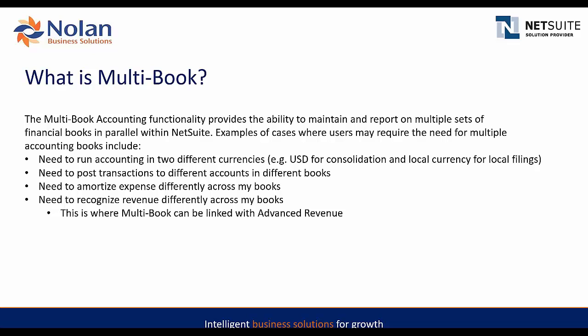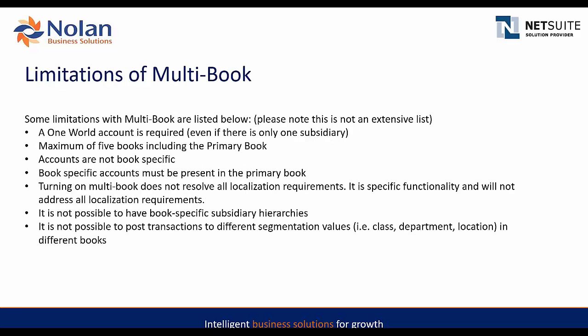You might want to post transactions to 2 different accounts in different books, or you might want to amortize expenses differently across the books, or to recognize revenue differently across books. And this is the one we'll see where it's actually linked with Advanced Revenue recognition. So all those 4 cases are examples where you might want to use Multibook, and we'll actually be coming on to looking at those cases in NetSuite shortly.